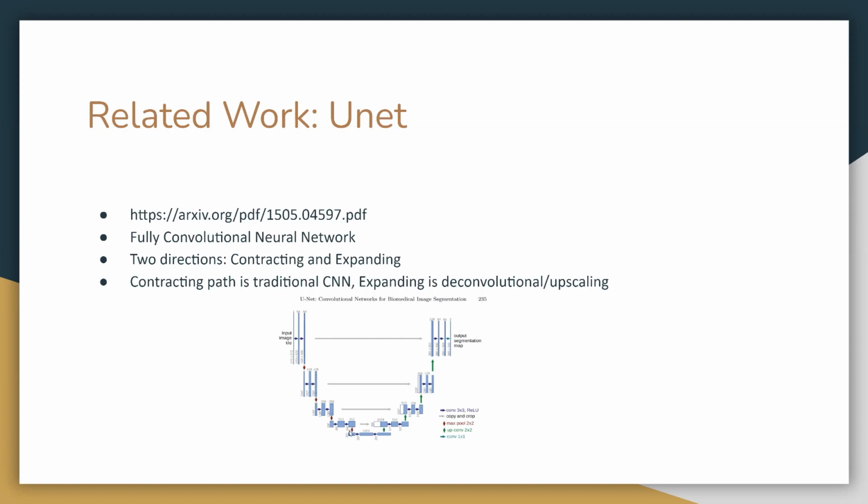But instead of stopping there and continuing to flatten and then using softmax, they do more convolution, and then they do up-convolution and depooling or deconvolution to scale back up from this rich feature space into a higher resolution.